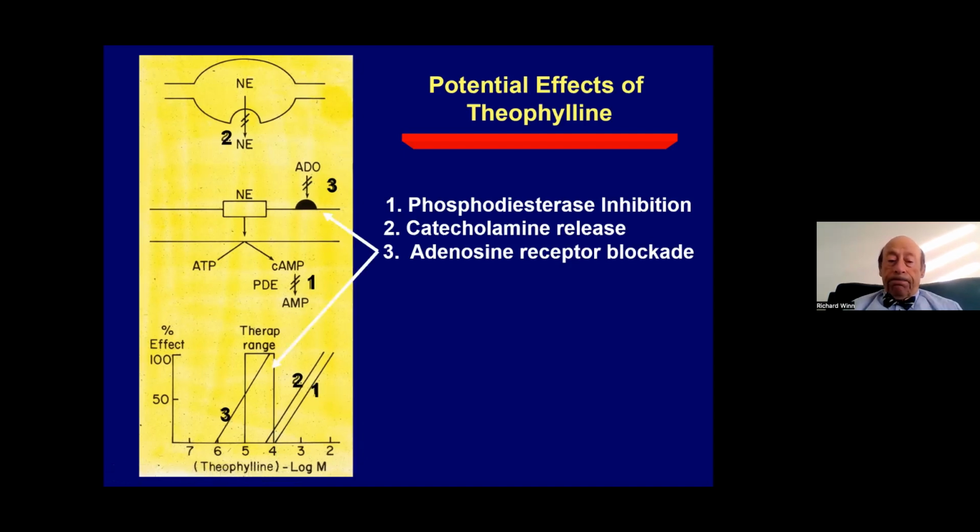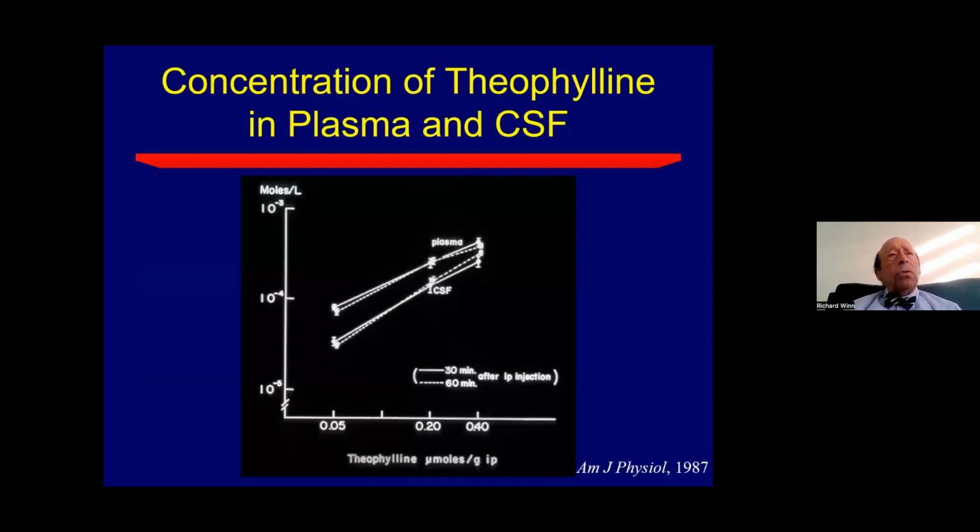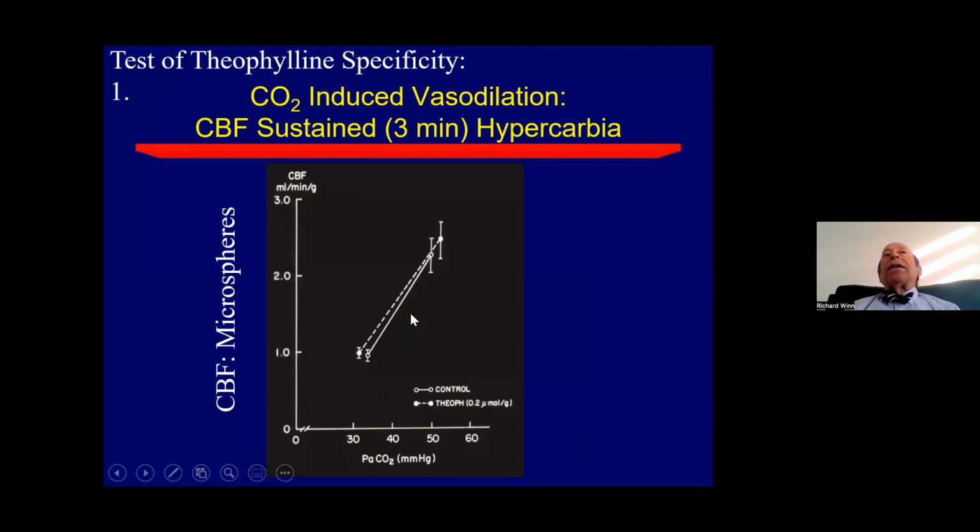So first, we had to, in rats, where it hadn't been described, achieve levels that were not above 10 to the -4. And this just shows the levels in plasma, it's 10 to the -4, and in CSF. We had to show that even if you treated the rats with theophylline, we chose theophylline, that it would not interfere with independent vasodilators, such as CO2.